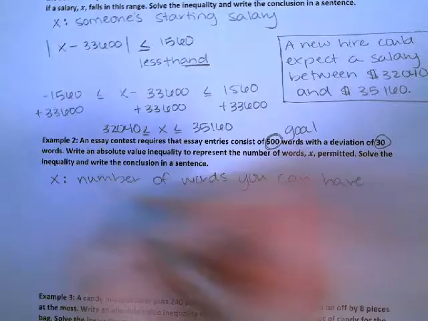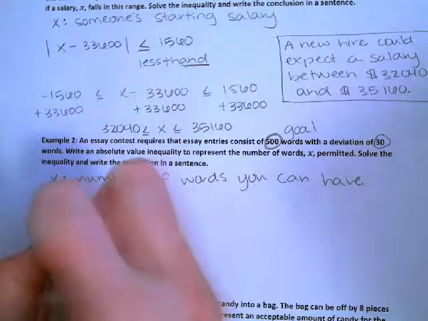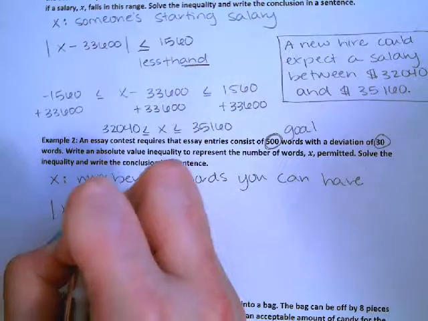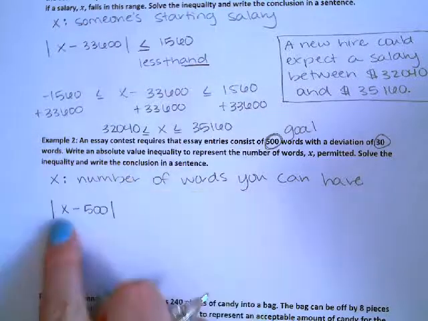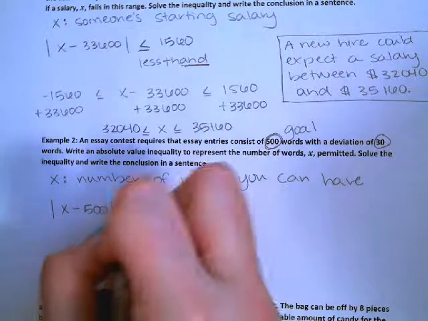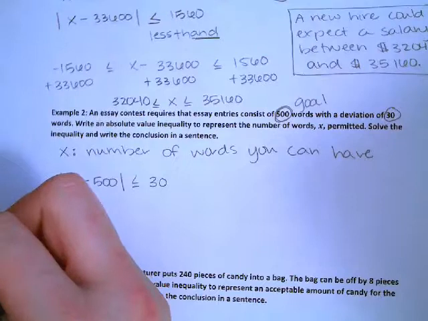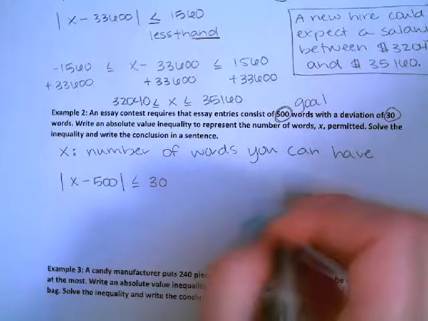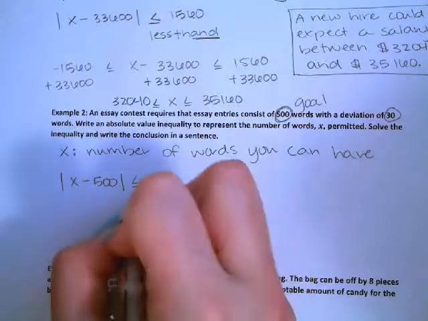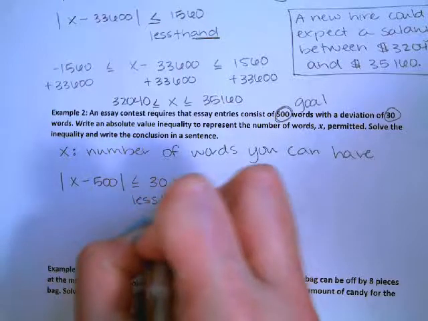So we're going to say the difference between what you actually have and the goal needs to be less than or equal to 30. So you can go 30 above the number, you can go 30 below the number.